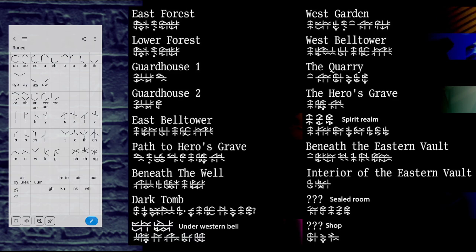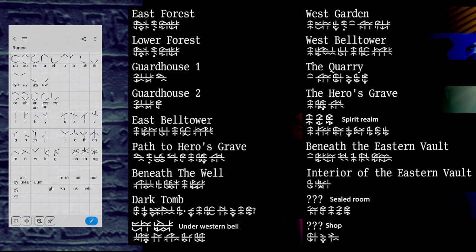I can't actually see it too well on my screen. Let's get a better look. There we go. And I'm going to try to translate these area names. Or they may not be names. Anyway, so what have we got here?